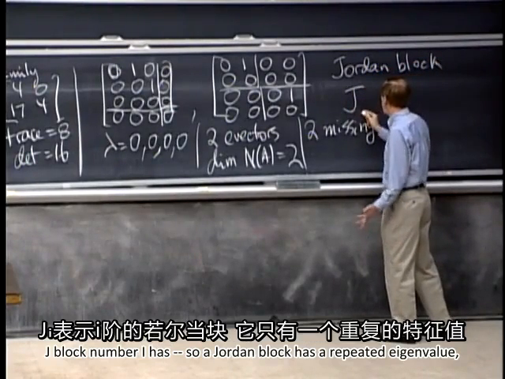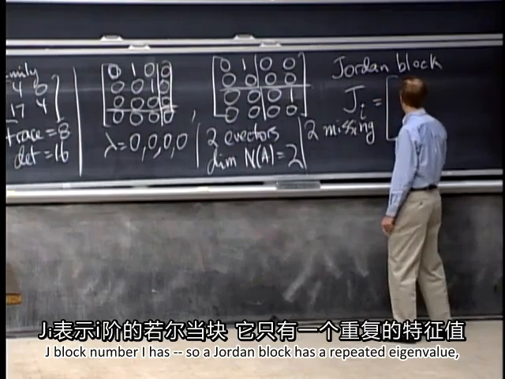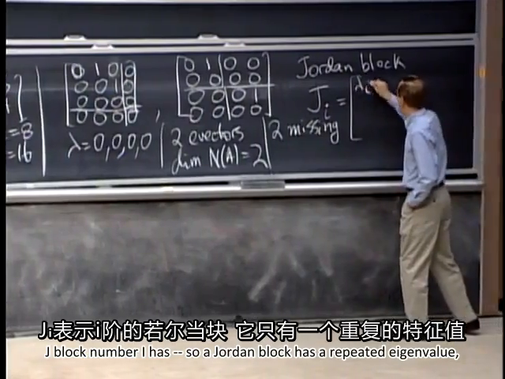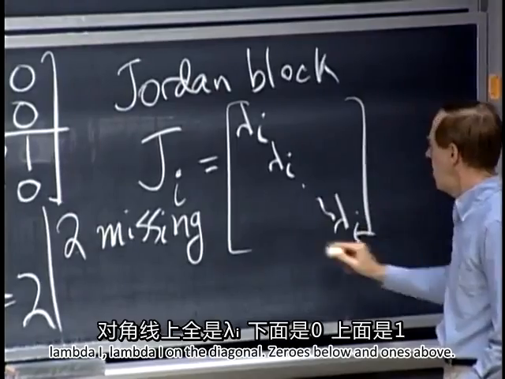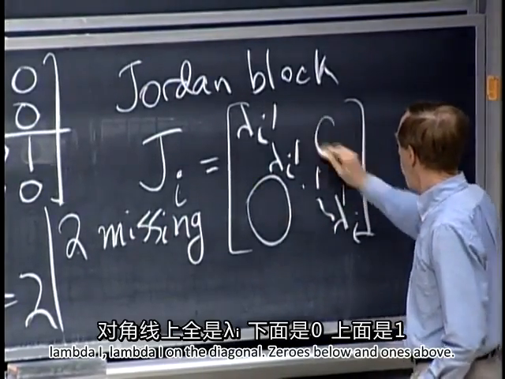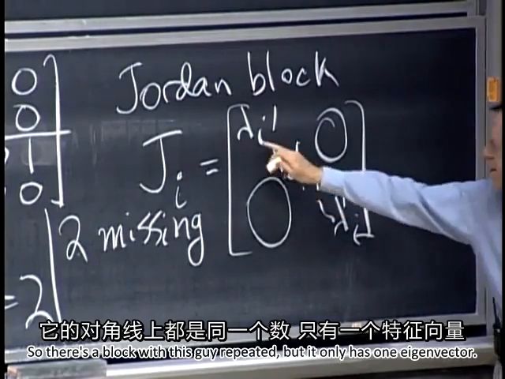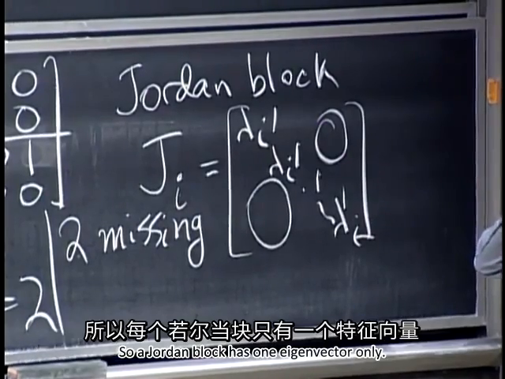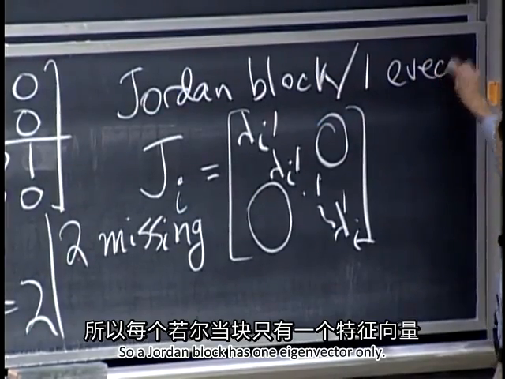A Jordan block, J block number i, has a repeated eigenvalue, lambda i, on the diagonal. Zeros below and ones above. So there's a block with this eigenvalue repeated, but it only has one eigenvector. So a Jordan block has one eigenvector only.